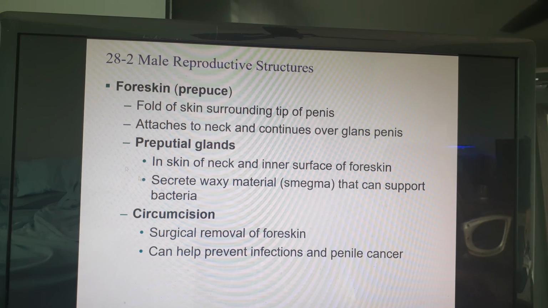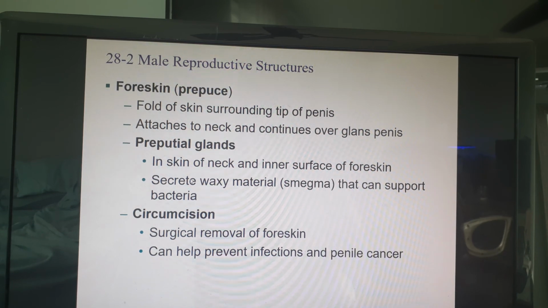Now, this is the main reason why in America, people who are not of Jewish heritage will still choose to circumcise their male children. They want to remove this foreskin so that we don't end up with this bacteria-supporting material. That's one reason that's given. Of course, religious purposes is another reason.